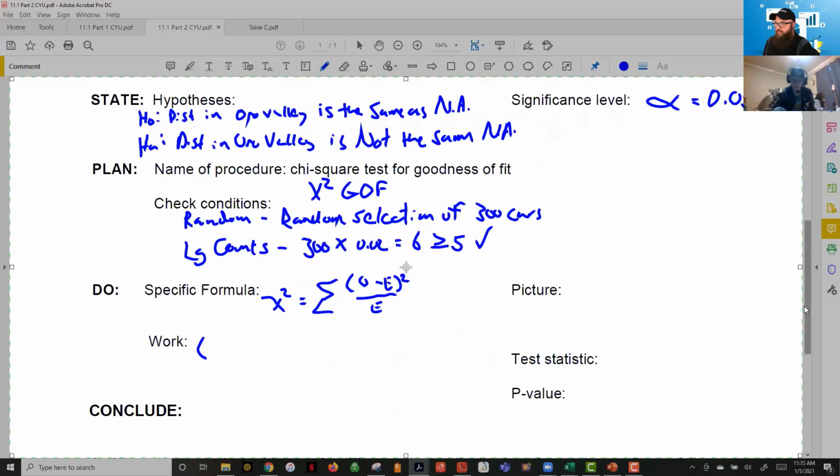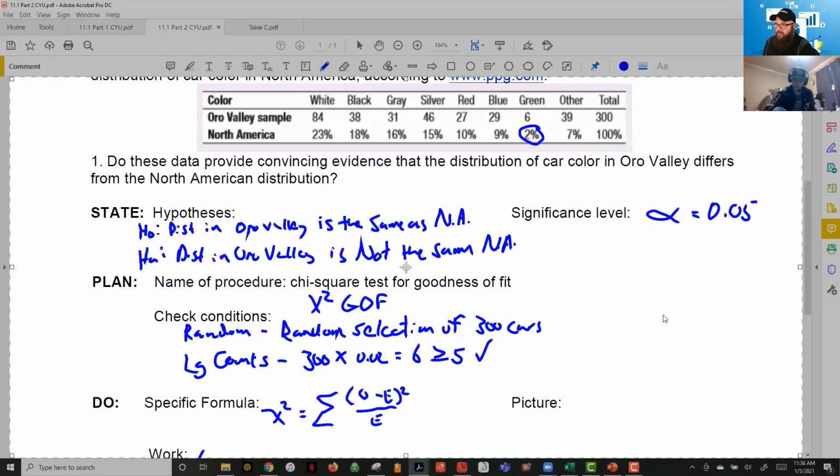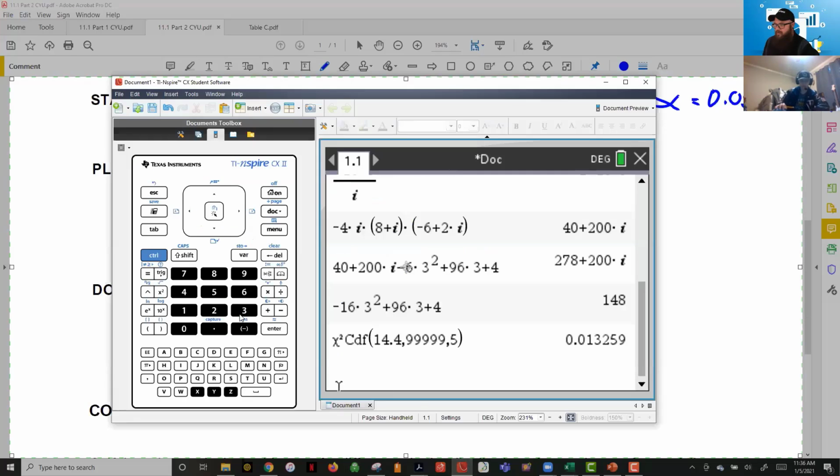So in the first one here, our observed, let's say for the white car color, was 84. So we had 84 minus, now our expected, that was 23%. So you should be able to go in here and say 300 times 0.23.